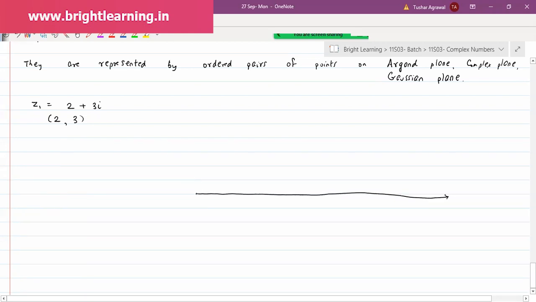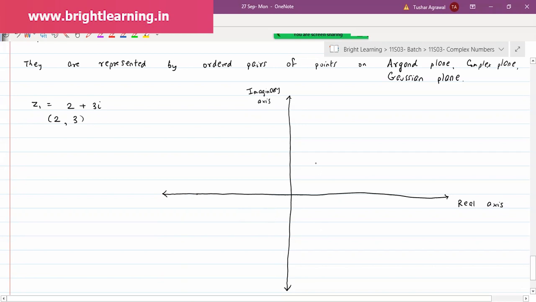This horizontal x-axis is actually the real axis, where we represent the real part of the complex number. And this vertical y-axis is called the imaginary axis, where we represent the imaginary part of the complex number.